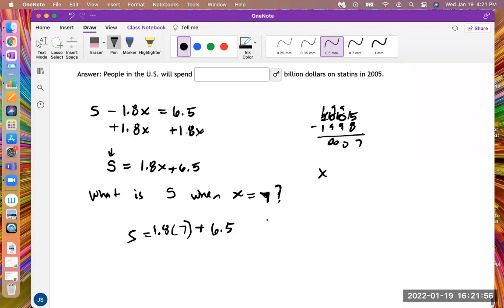And now I just multiply the 1.8 times 7. That's 12.6 plus 6.5, and we have to make sure to follow order of operations right there. And then we add those together.